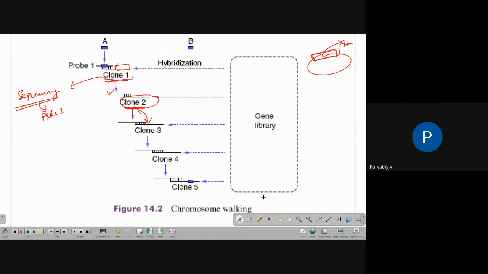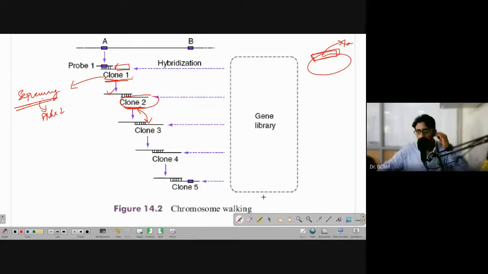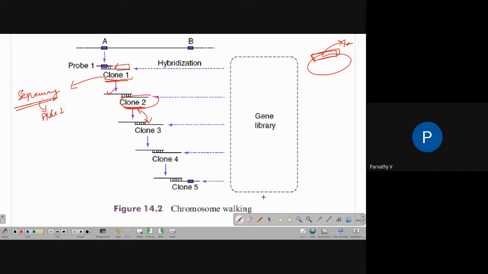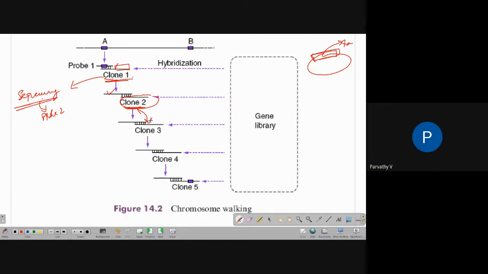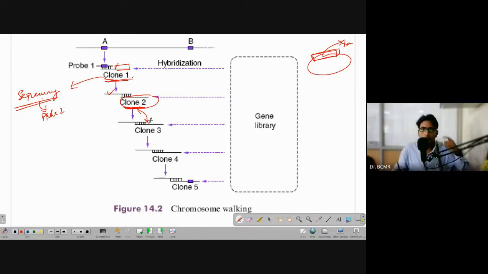I just have a follow-up doubt on the previous statement. You mentioned that part of the sequence of clone 1 can directly be used as the probe. But shouldn't we need the complementary one so that it can bind with clone 2? Complementary is not a problem as long as the sample has both the strands.